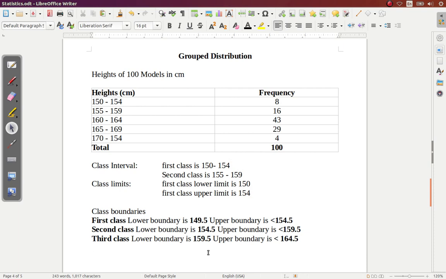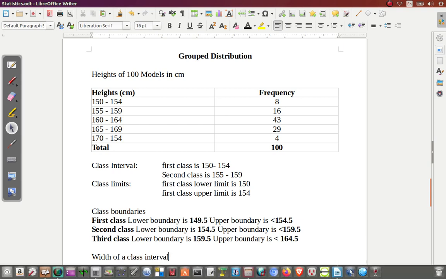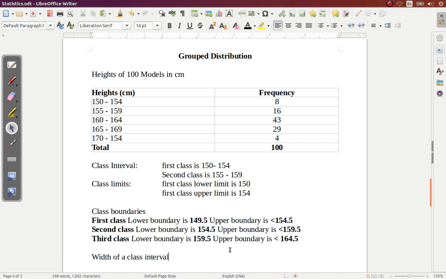Let's look at one more thing here. The width of a class interval. What is that? Basically, it is equal to the upper boundary minus the lower boundary.